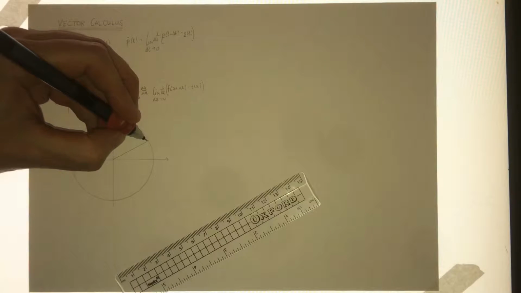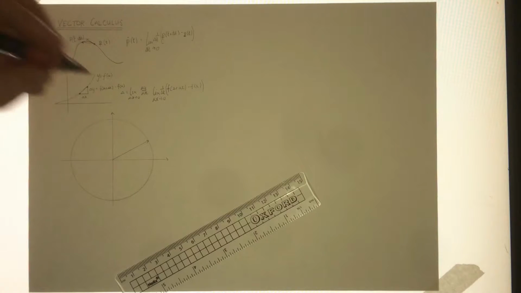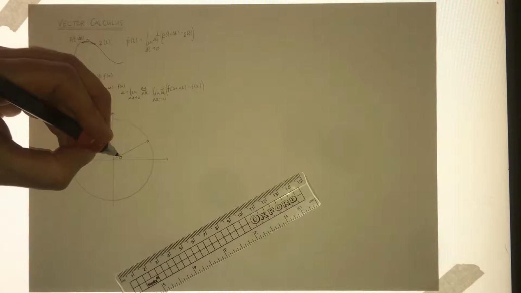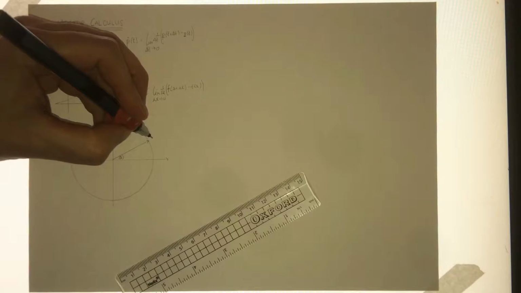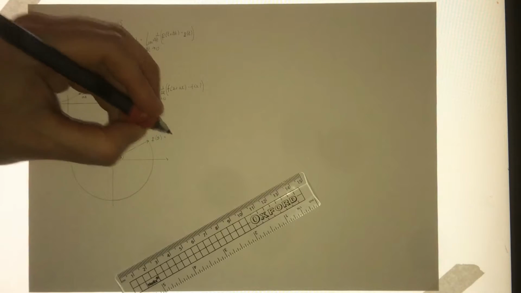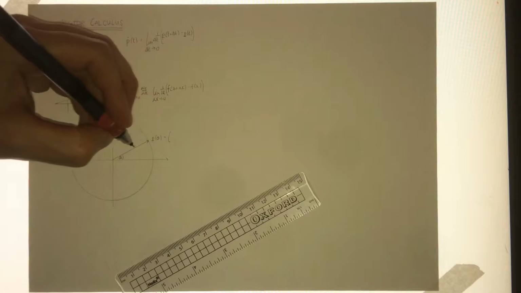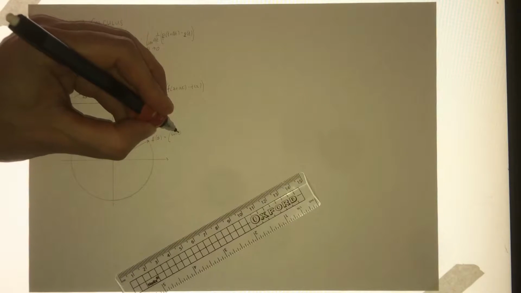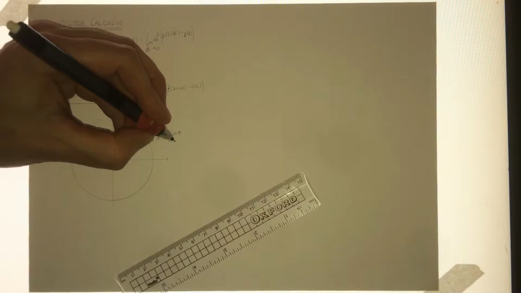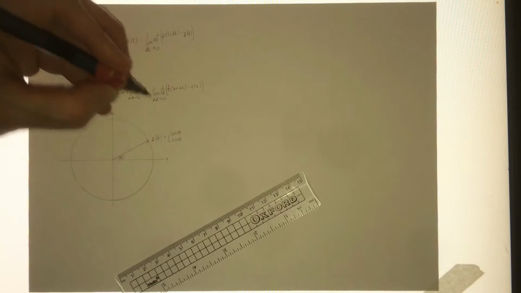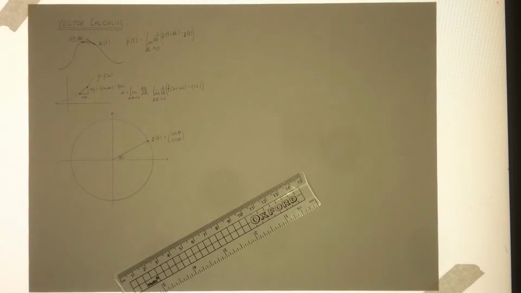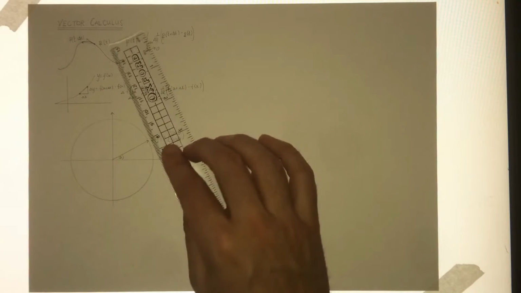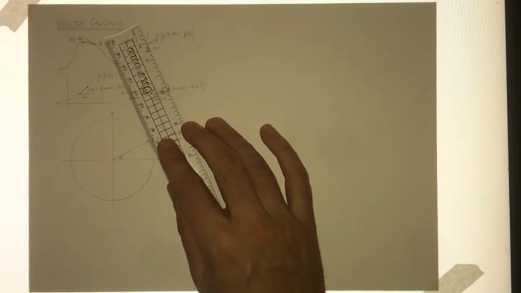So suppose our position here for a given theta is equal to the vector cos theta, sine theta. And we wish to know what is the velocity.